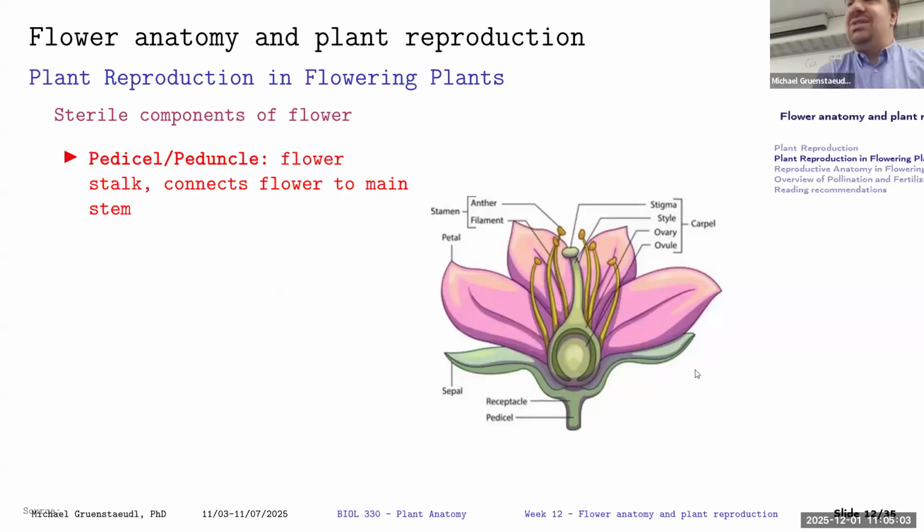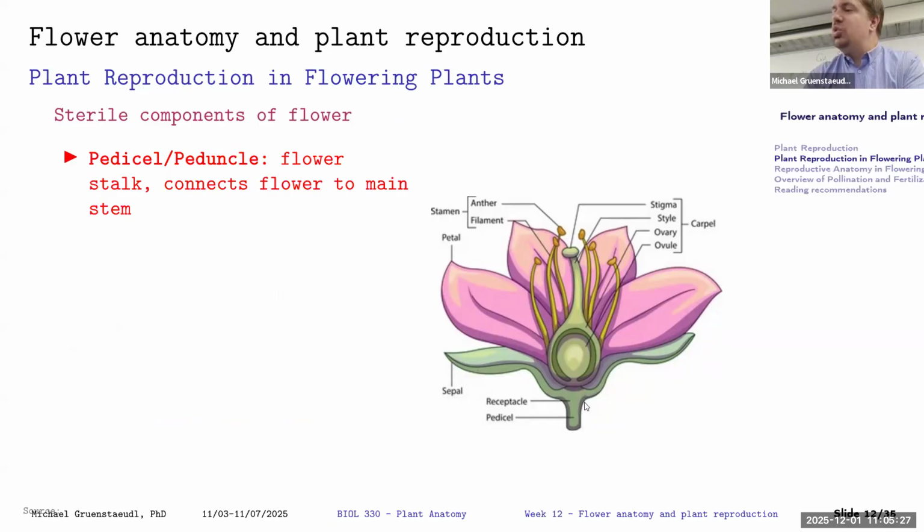So this is just a review, okay? I'm just making sure that when we talk about some of these cross sections you remember these terms. Again, you hopefully had them in introductory botany. Down here would be the stalk of the flower, the pedicel. The base of the flower is called the receptacle.